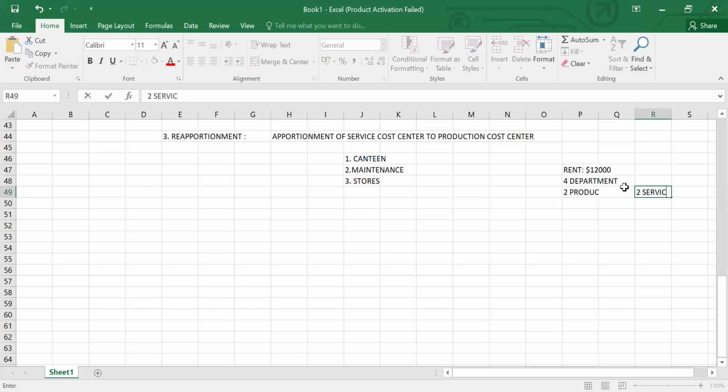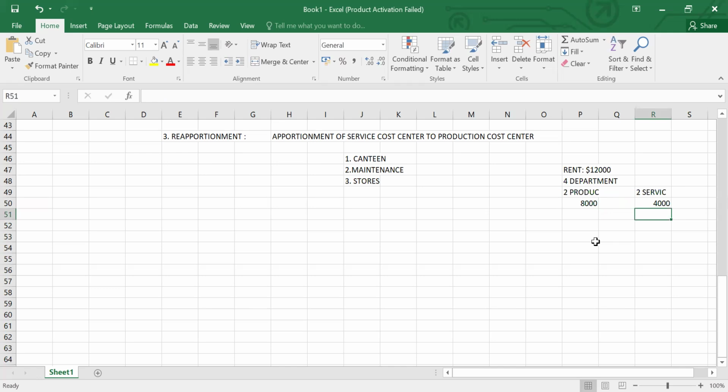Rent will be divided among how many departments? Four departments. Two will be production, two will be service. I'm giving you an example. So let's say on the two production departments, you have apportioned rent of around $8,000. And on the two service centers, let's say you have apportioned the remaining rent, which is $4,000. Got it? This is apportionment.